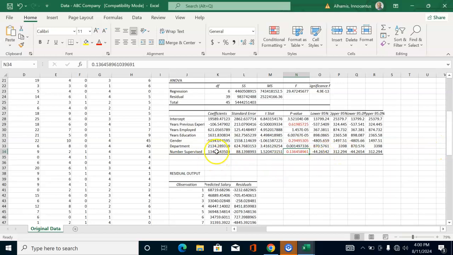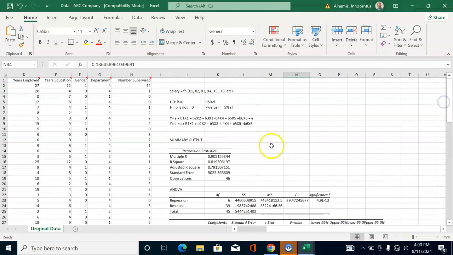And this amount is not significant, not because we are comparing the coefficients, but because we are looking at its significance through the probability value. And you can remember our assumption here. It says we will reject the null hypothesis if the probability value is less than or equal to 0.05.